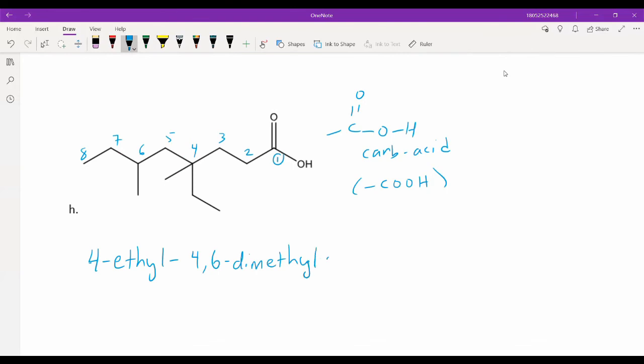And then instead of octane, drop the E, put -oic acid. So there's your carboxylic acid ending suffix. And again, no 1 needed because it'll always be on the end, so it'll always be 1.